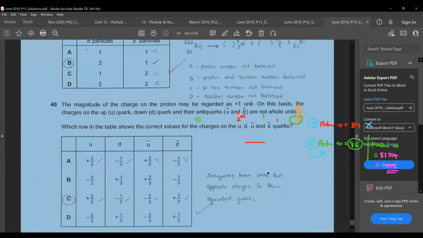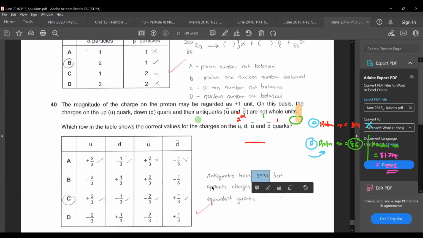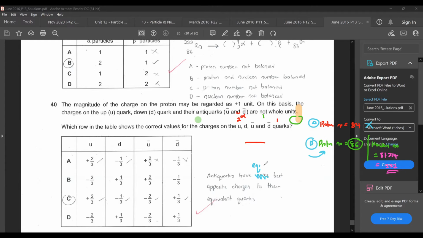Same here means same magnitude, but I think it's enough to just say opposite charges now. Antiquarks have equal but opposite charges to their equivalent quarks.